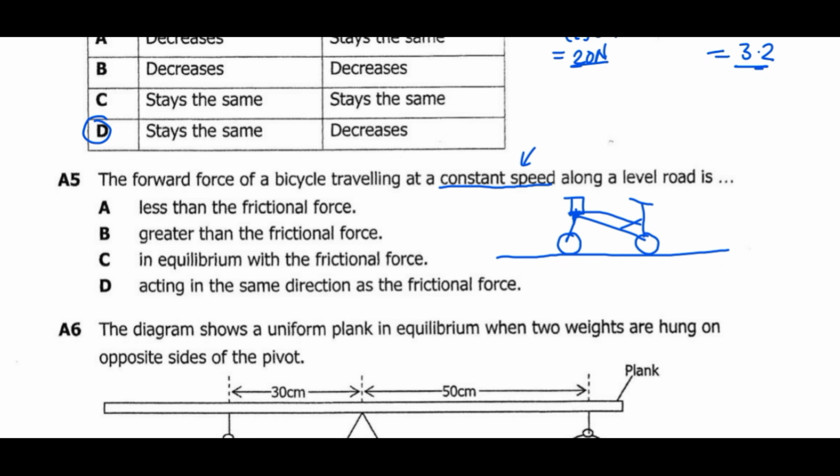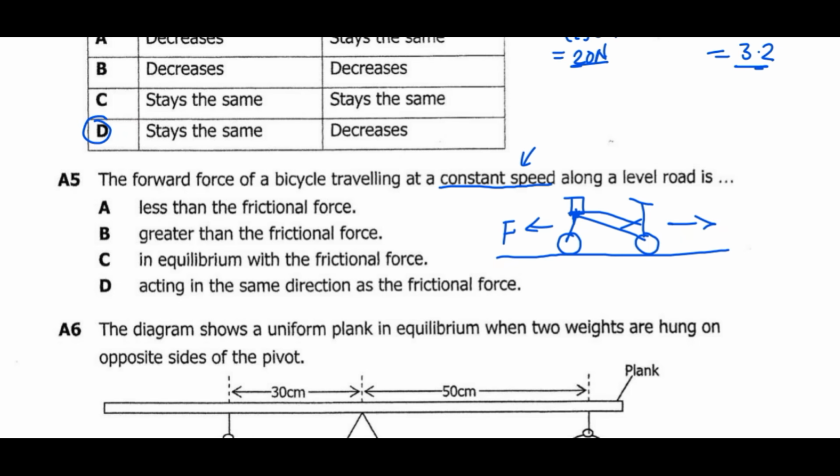If this person is moving in this direction, remember that this person will experience a friction force, and the friction force is the force that opposes motion. So there is a force that is trying to oppose the forward motion.